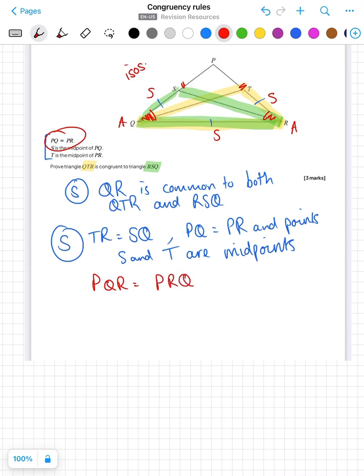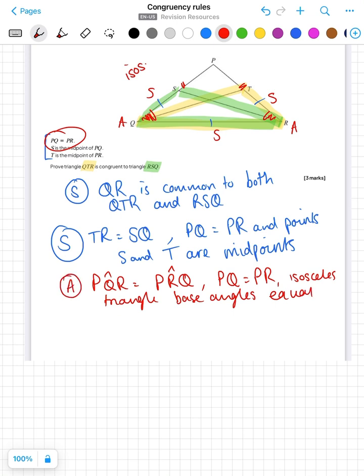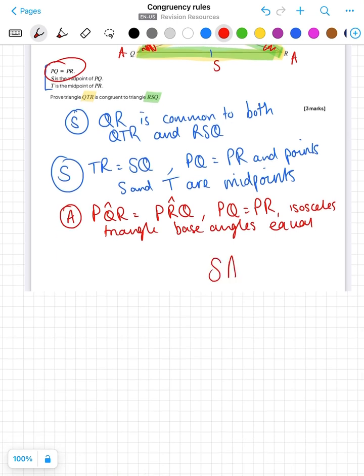So just make sure you understand how to label an angle. You could even use the little hats over the letter in the middle to show that's where your angle is. Reason being PQ is equal to PR, therefore you have an isosceles triangle to which those base angles are equal. So we have an angle, and that is side angle side. Make sure it's in that correct order.